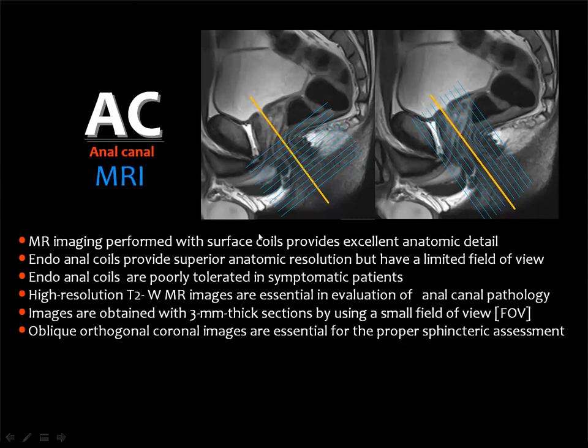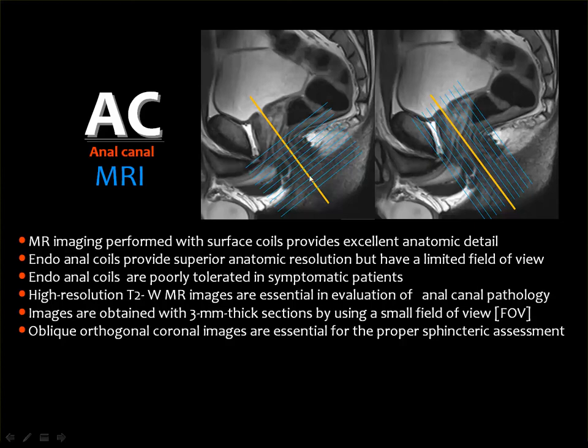MRI can be obtained by surface coil or endocoils, and surface coil gives good anatomic details of this area. But the endoanal coils can provide superior anatomic resolution, but they have a slightly limited field of view, and they are also poorly tolerated in symptomatic patients.